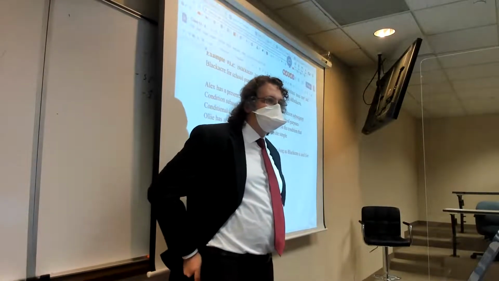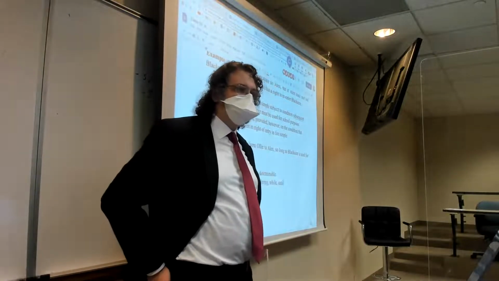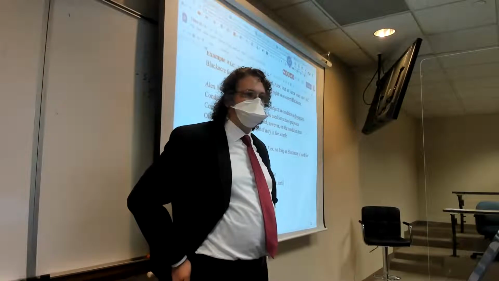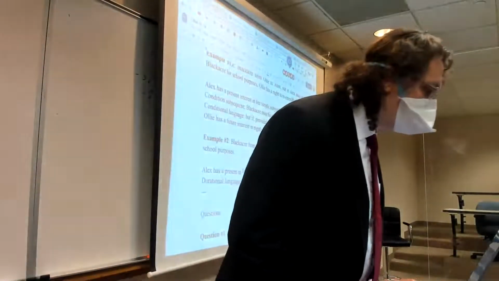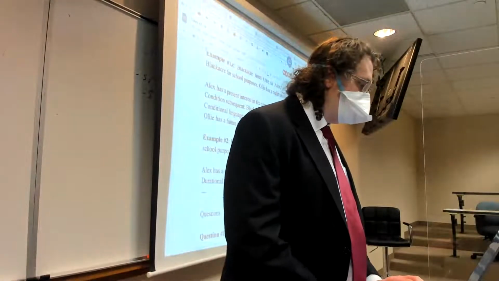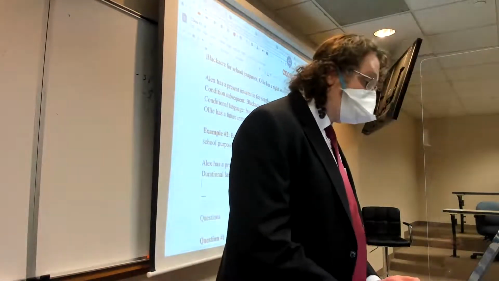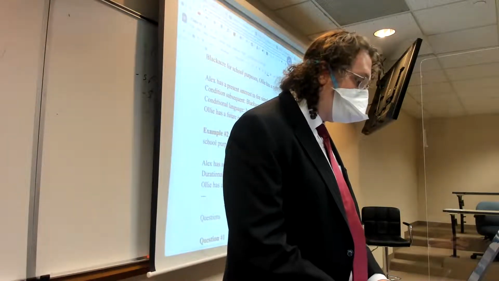Caitlin, what is the future interest that follows the fee simple determinable? What's the possibility of reverter? You're correct, by the way. Ollie has a possibility of reverter, but why?